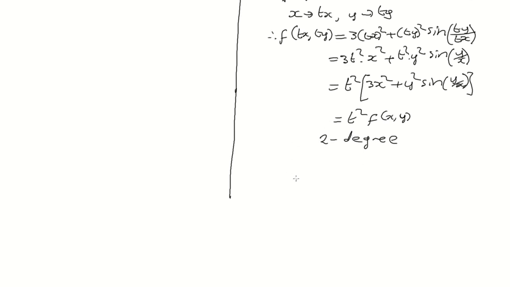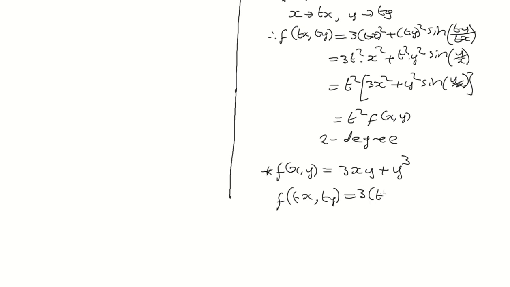Let us say we have a function which is equal to, say, 3xy plus y cubed. Then we try to test if this function is homogeneous or not. The same test: we replace x with tx and y with ty.